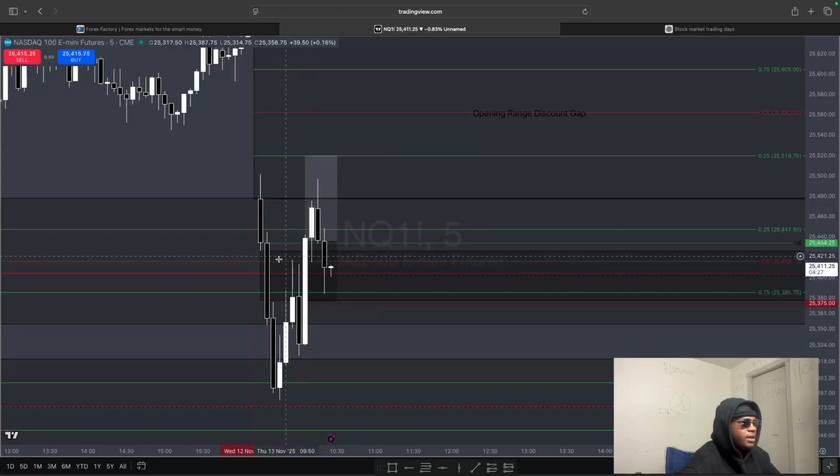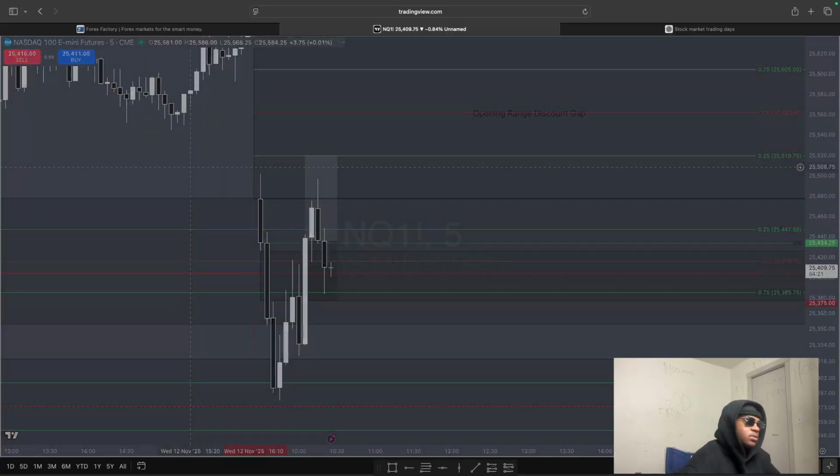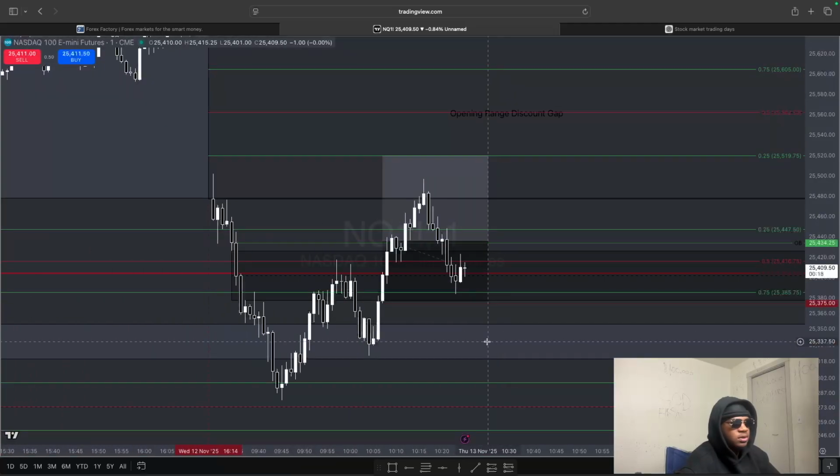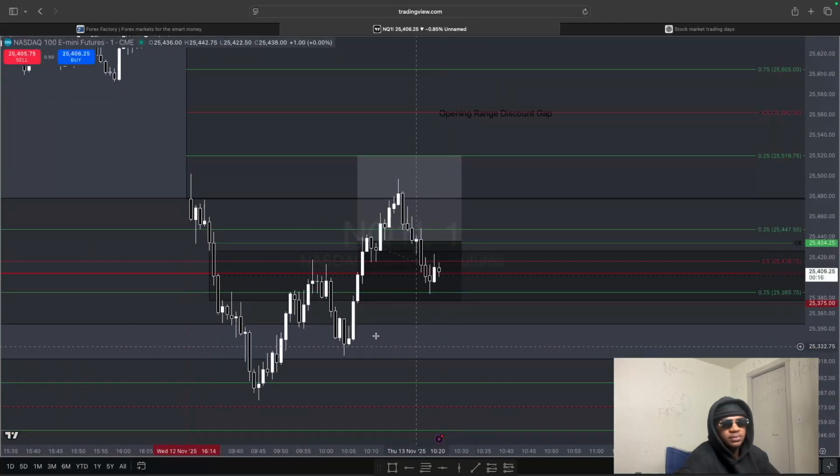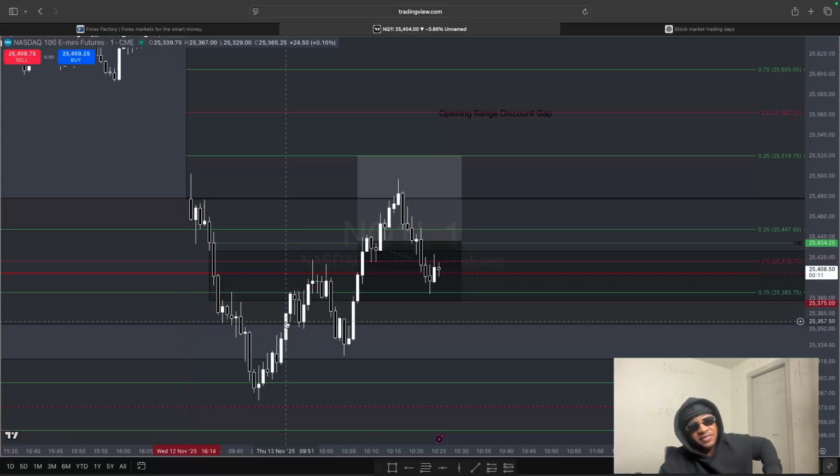Even the 5 minute closes above. So, you know, it is what it is. If you want to go down, I want to go down. It was an inversion of the 5 minute. Sell side balance, buy side inefficiency also.